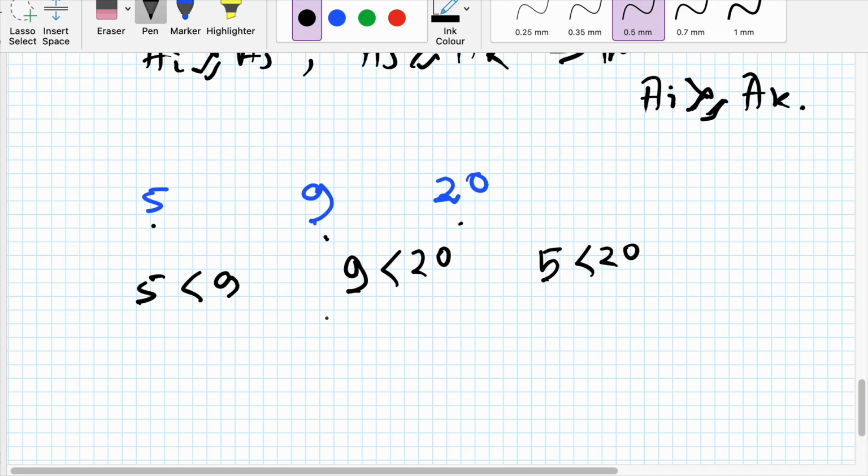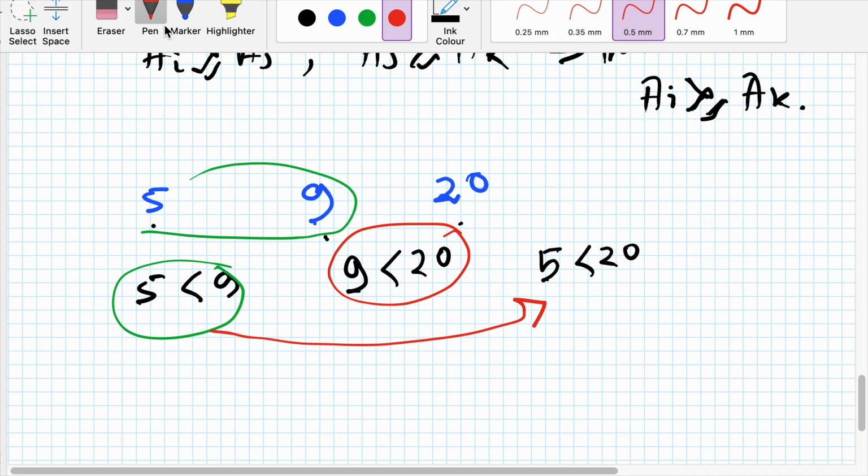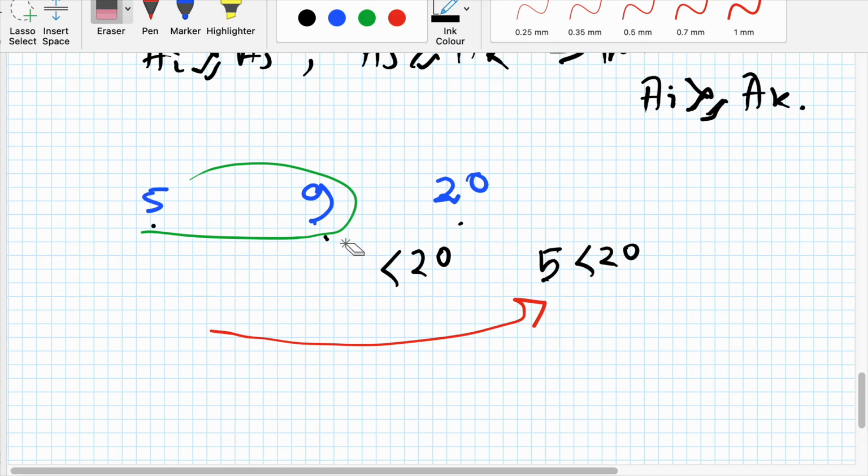Now this relation is also transitive. How do we see? First if you compare 5 and 9, 5 is less than 9, and if you compare 9 and 20, 9 is less than 20, which actually implies that 5 is less than 20.